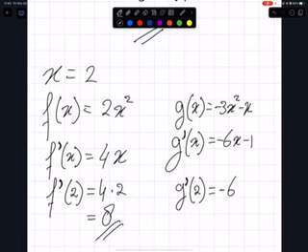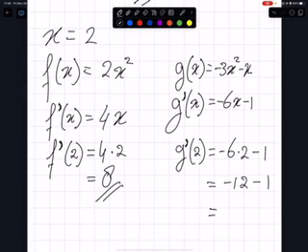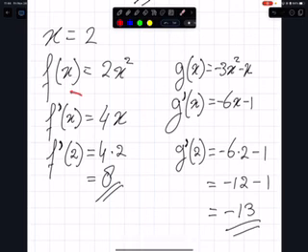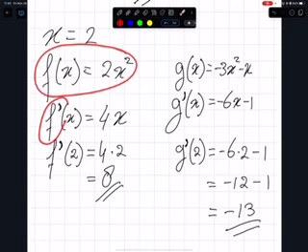Yes. This is the derivative. This is the original. This is the derivative.